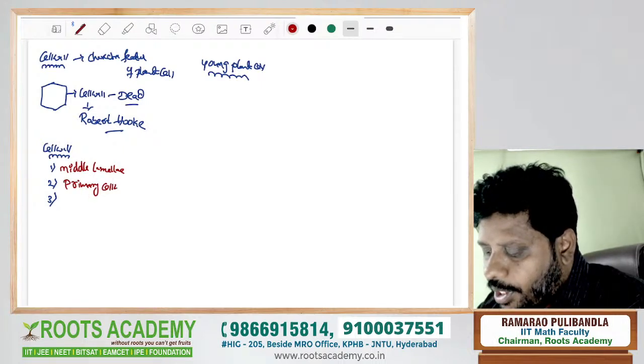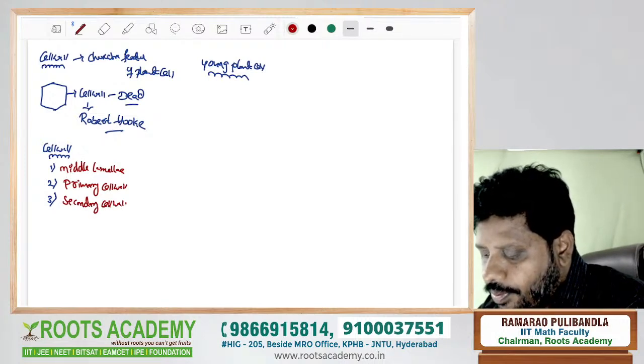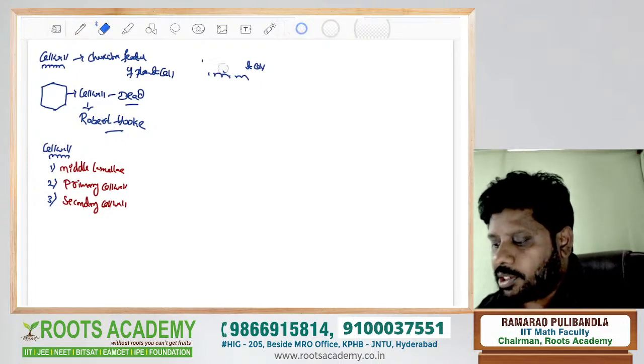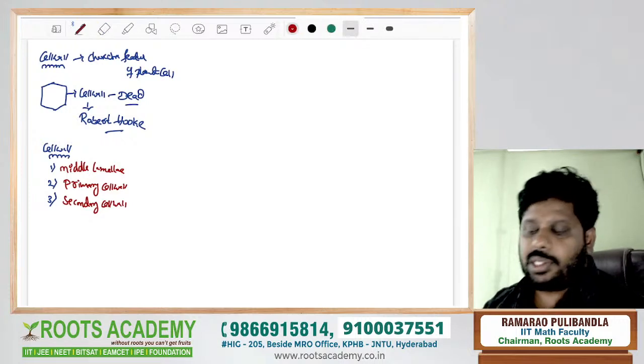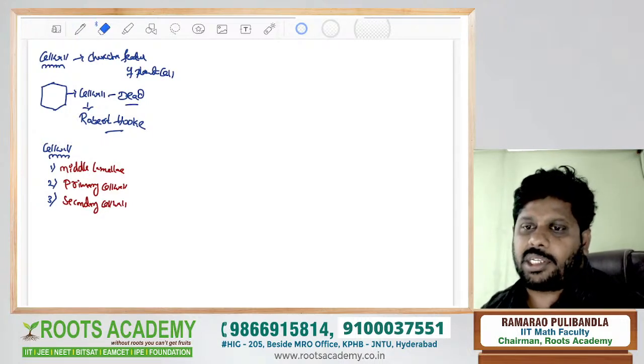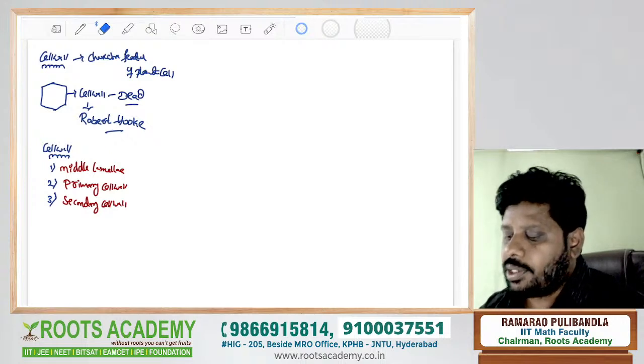Next, primary cell wall. Secondary cell wall. So cell wall is made up of 3 layers, which include middle lamella, primary cell wall and secondary cell wall.